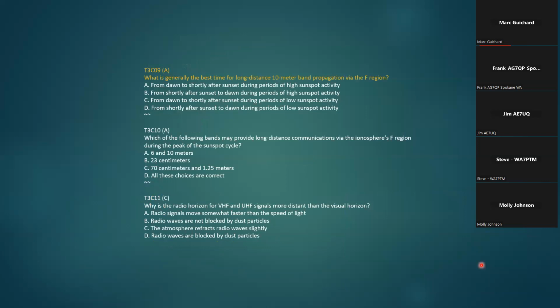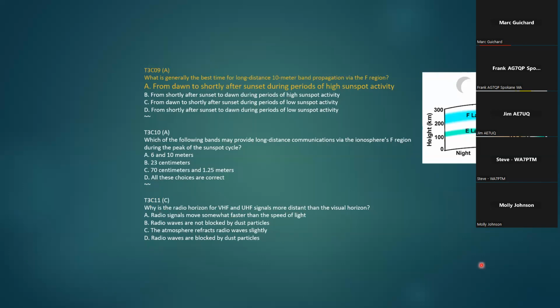C09. What is generally the best time for long distance 10 meter band propagation via the F region? From dawn to shortly after sunset during periods of high sunspot activity.